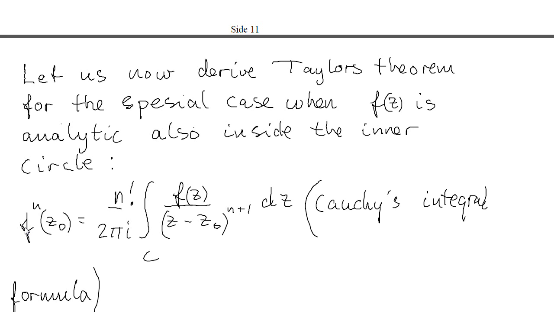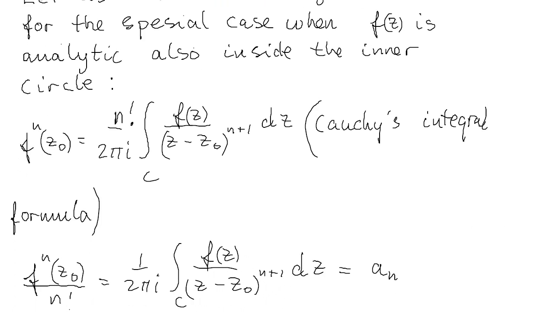It states that if the function is analytic at z0, then the nth derivative of the function at z0 is equal to n factorial over 2 pi i times the integral over C of the function f of z over z minus z0 to the power of n plus 1. So this is the Cauchy integral formula.